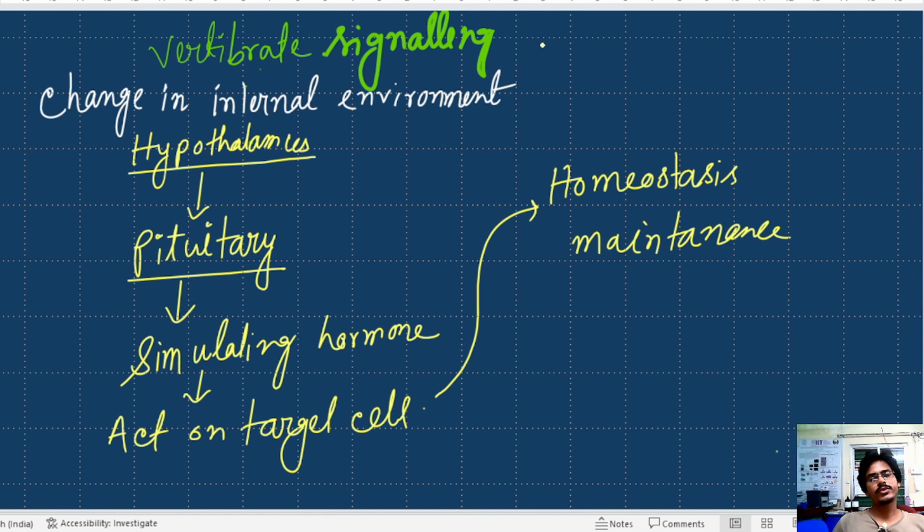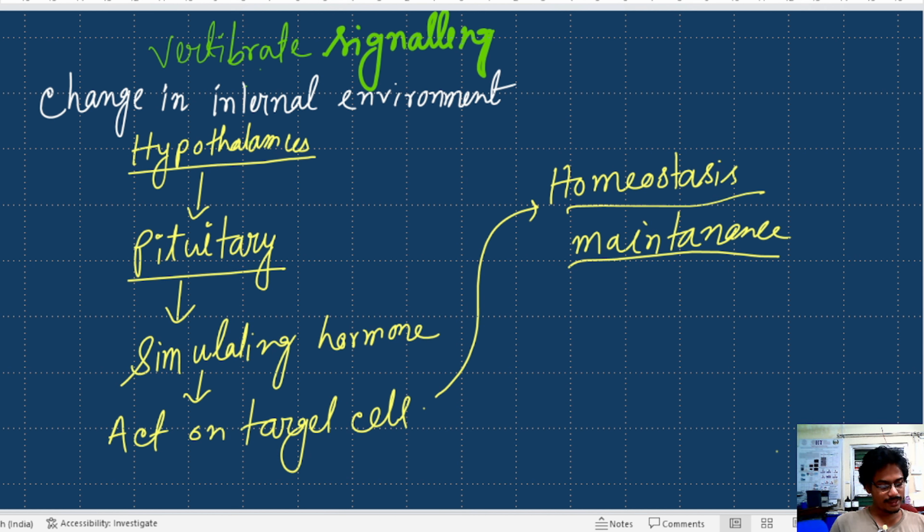So from the vertebrate signaling you can see the changes in the internal environment, the hypothalamus-pituitary signaling and those stimulatory hormones, which act on the target cell, and these maintain homeostasis. We have already discussed it.